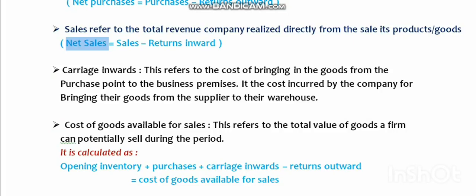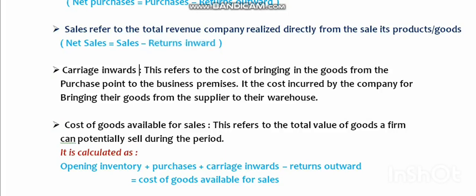So the customer might return those ones. In this situation, when the customer returns it, you have to subtract it from what you sold for you to arrive at your net sales. Then that is what they are called what?